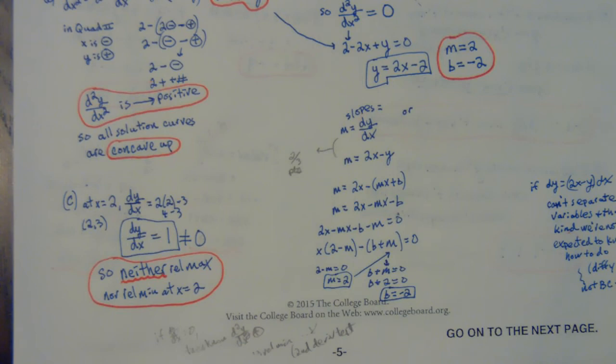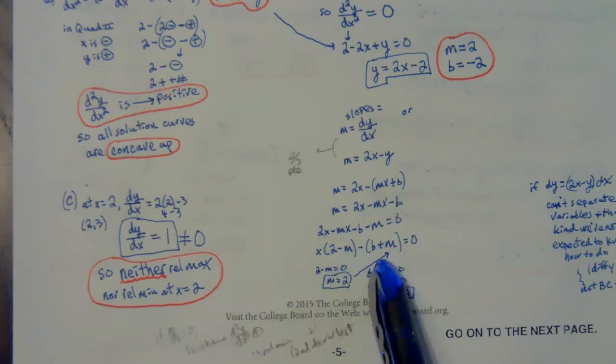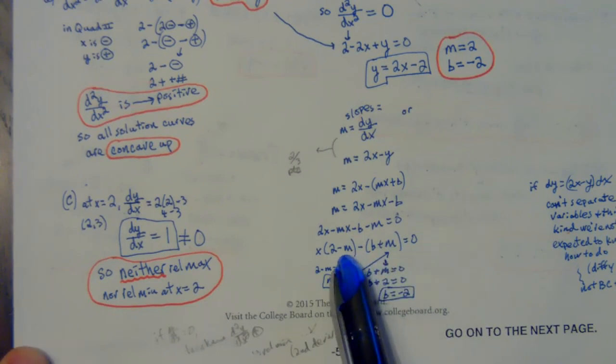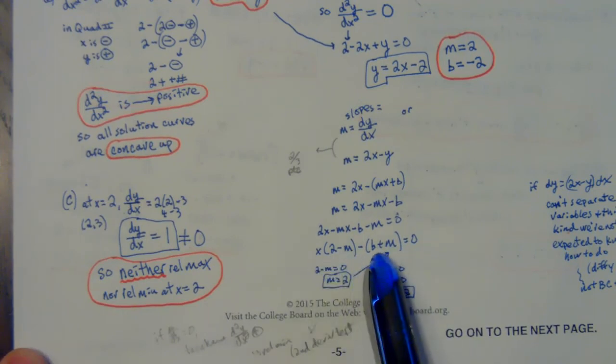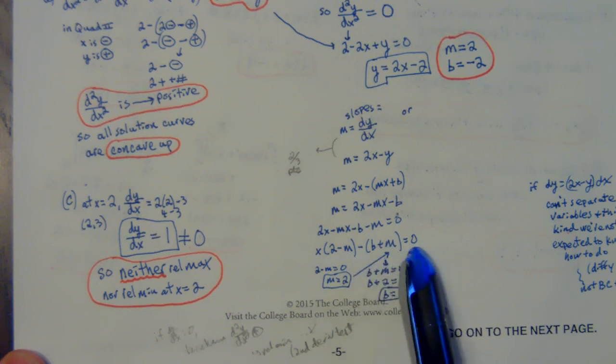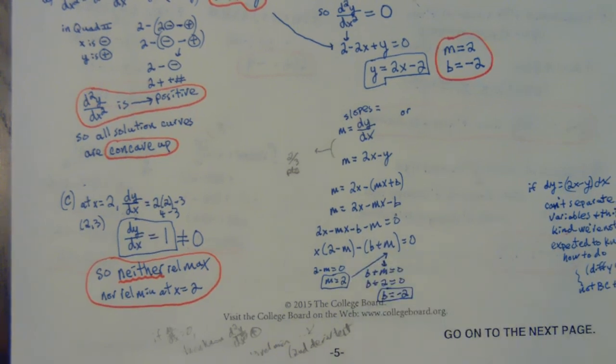I know there are more solutions than this, but one way to make this equation equal to 0 is if that is equal to 0, because then I have 0 times something, and if that other part is equal to 0, then I have 0 minus 0, which is equal to 0. So I realized there are more solutions than that, so that's why this was a little bit weird to me when I was first working this out. But I was just saying, okay, to make this equal to 0, one possibility is to make both of those equal to 0. So I was just trying to make that puzzle piece fit. So I set both of those parentheses equal to 0, and that also gave me that m was 2 and that b was -2.